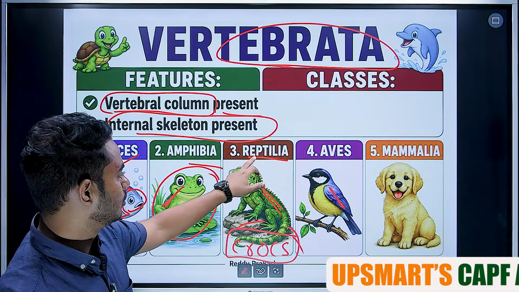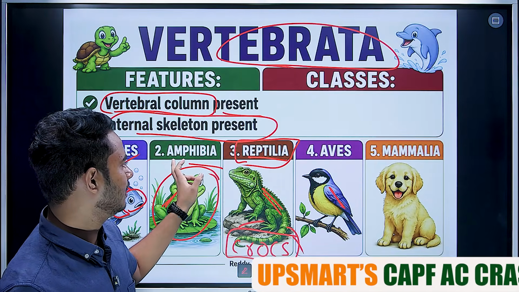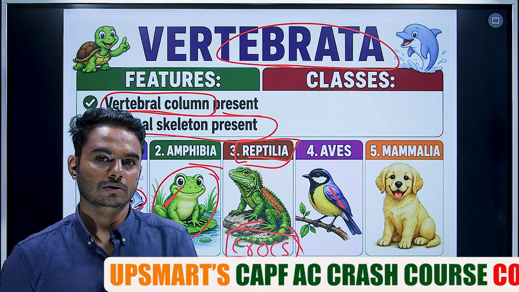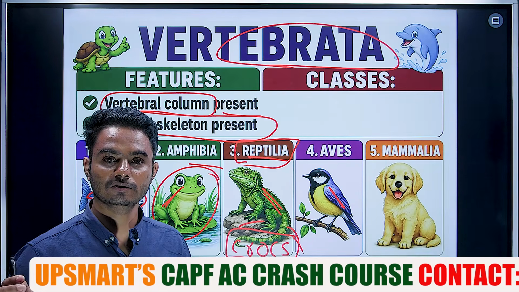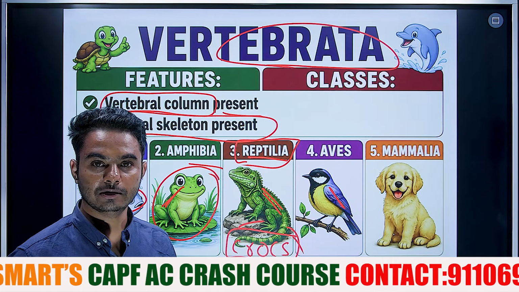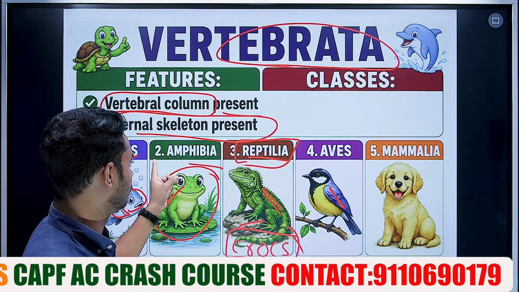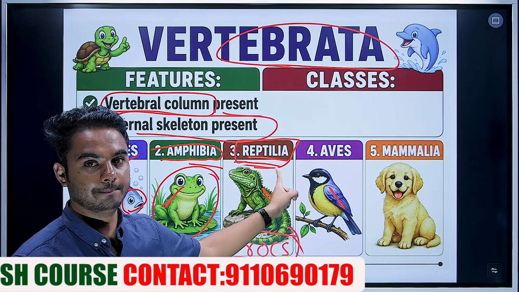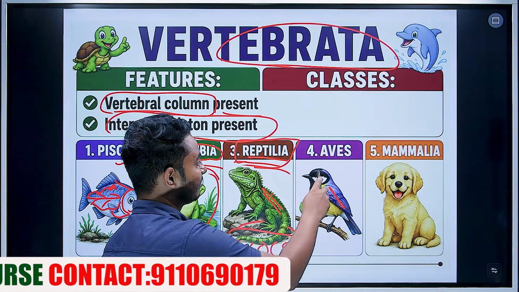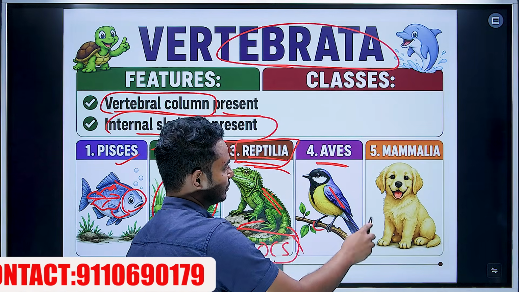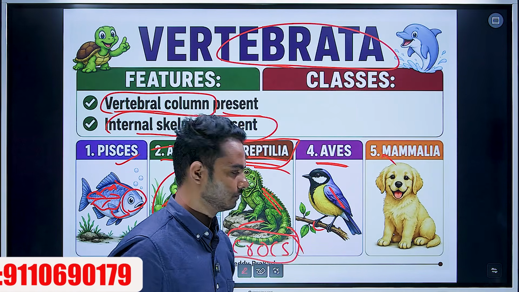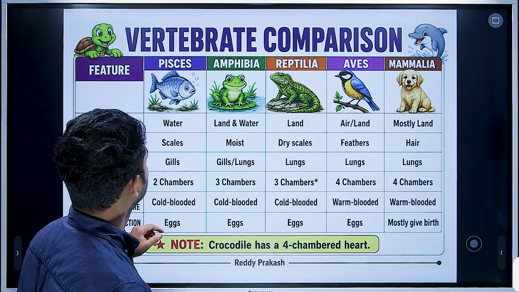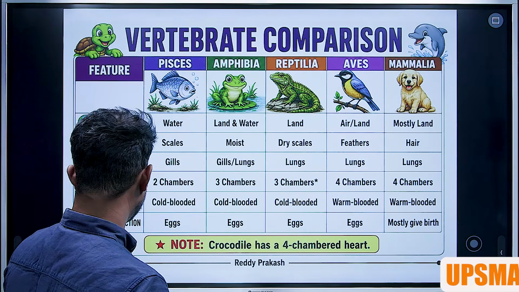Crocodiles belong to reptilia. You might think, sir, crocodile will be there in water. Sometimes they'll get to the sun because they can maintain their body temperature. But they don't belong to amphibians. They belong to reptilia. Okay. Next, aves. Aves means all the bird species. Next are mammalia, which you know. Easy. We'll go forward. We'll discuss each one of them in detail now.